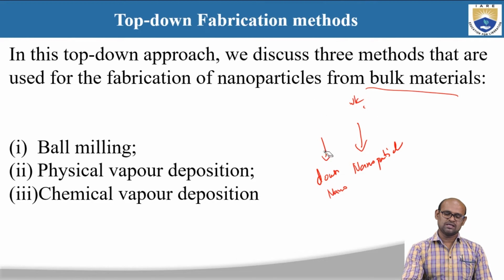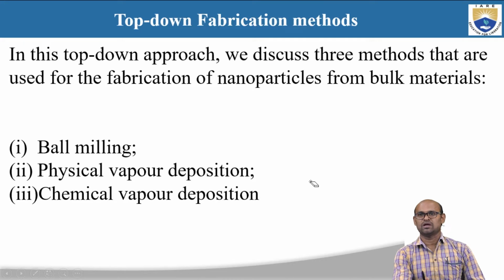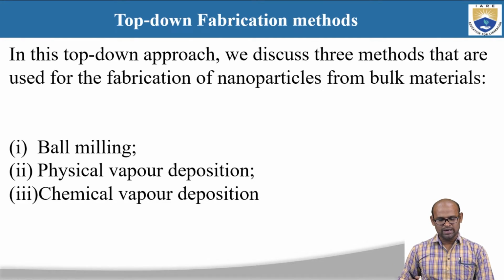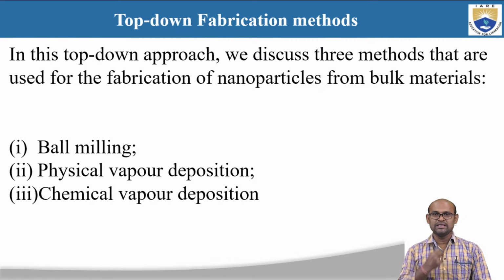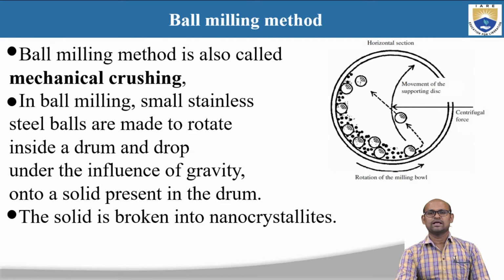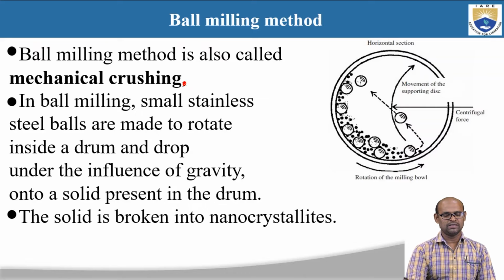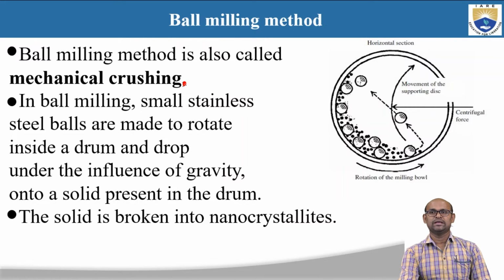These are the three top-down fabrication approaches to fabricate nanoparticles from bulk materials. Let us see in detail what the ball milling method is and how we fabricate nanoparticles with it. The ball milling method is also called mechanical crushing.